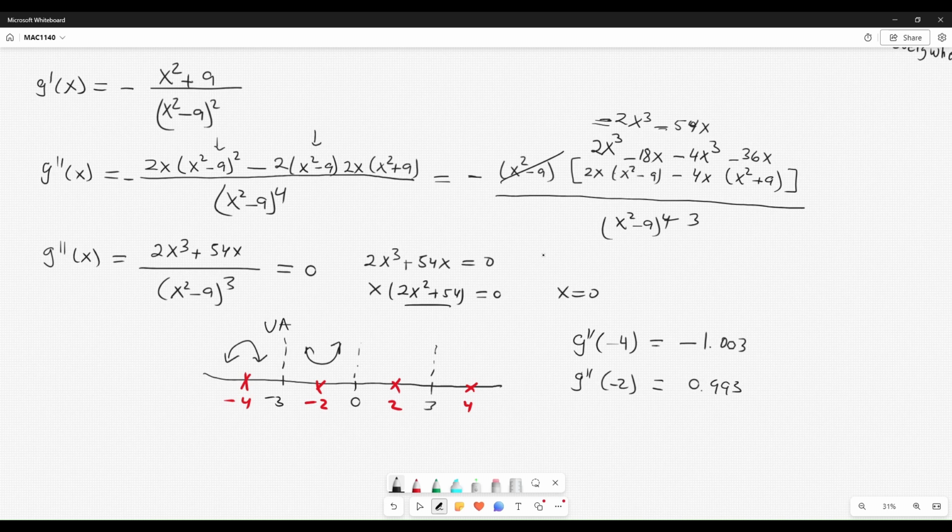At 0, let's see what happens. The second derivative at 2 is negative 0.993. I suppose it's logical because the function is an odd function, so when you change the sign of x, you change the sign of y. That's concave down. This is an inflection point.